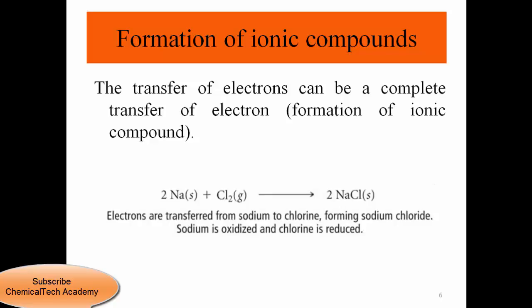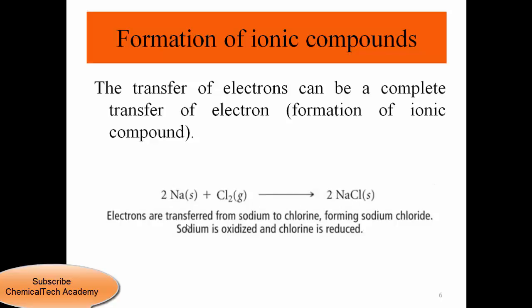And when we have partial transfer of electron or electrons, we will have covalent bonding or covalent compound. So in the formation of ionic compound, the transfer of electrons can be a complete transfer of electron, which leads to formation of ionic compound. So as you see here, we have Na and Cl, and it results in 2 NaCl.